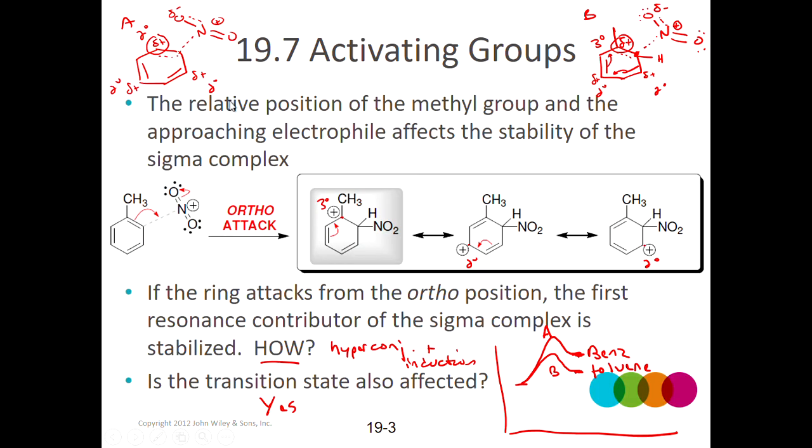Right, we just saw over here how the methyl group stabilizes the positive charge in one of the key resonance contributors and in the transition state. If you don't have the methyl group there, as we were saying with just benzene, then the partial charge exists on only secondary carbons. It's not as stable, so it's higher in energy.